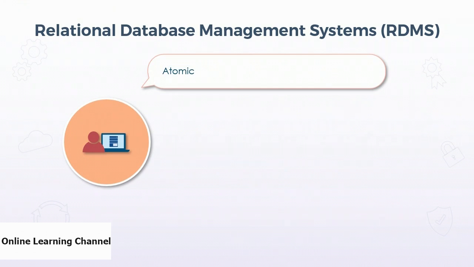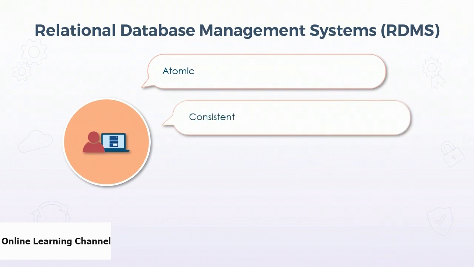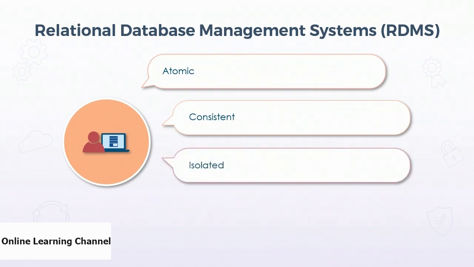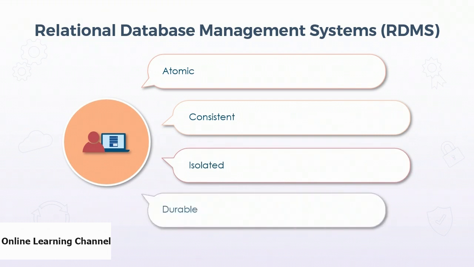Atomic, meaning it's the lowest level of data that we can store. It's consistent. Everyone should pull back the same results. No one should be getting different results. It can isolate and secure your data as needed, and it's durable. It's backed up. You can restore it. And a lot of times you can run these relational database systems across multiple regions, right? And we can make it highly available and highly durable.